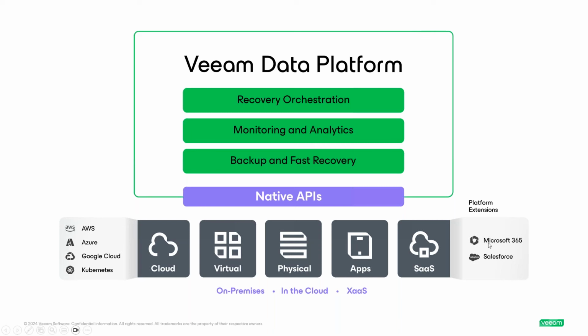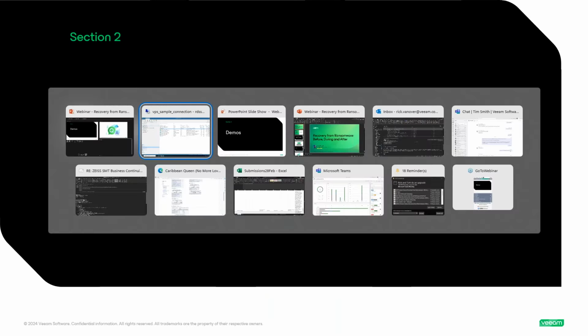People come to us for backup and recovery, but also analytics and monitoring and orchestrated recoveries make all the difference today. So that's just a brief overview of the platform. If you haven't looked at Veeam lately, please do. So many new capabilities have come over the years, and in particular with the Veeam Data Platform release late last year. So let me show you some of this great stuff.